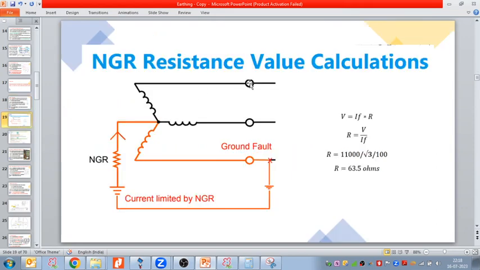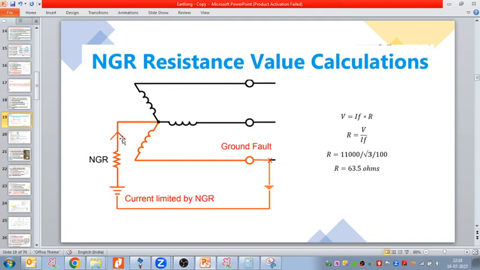So we can see this in a clear picture. The star winding neutral is connected to the ground through the NGR, neutral grounding, not neutral earthing, right? And when a ground fault happens, current flows through the neutral back to the transformer, right?